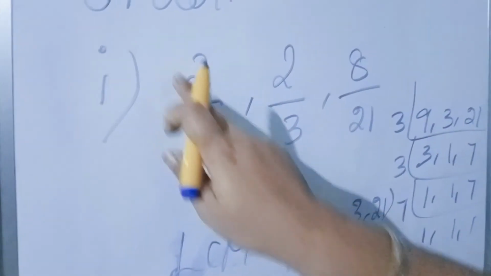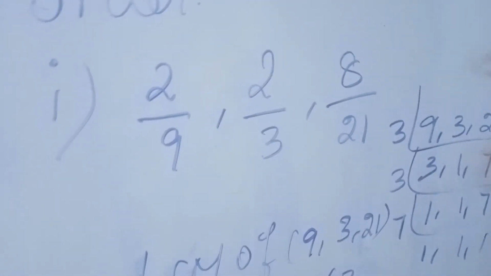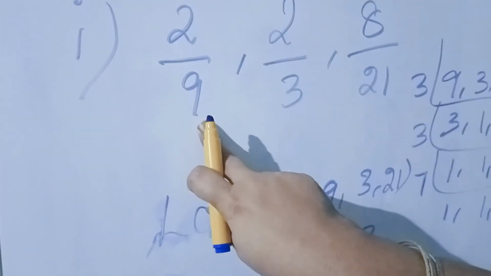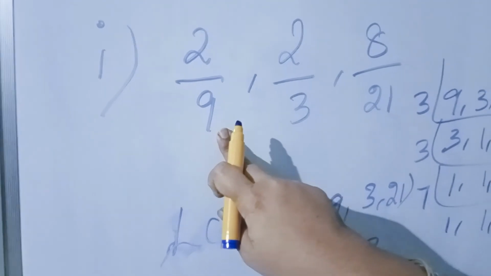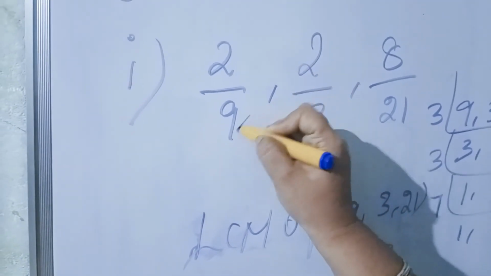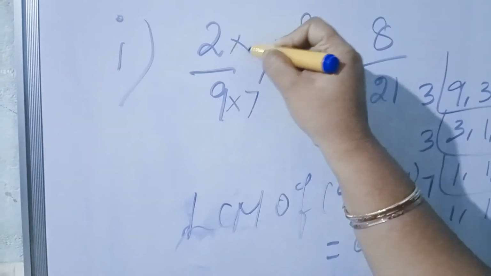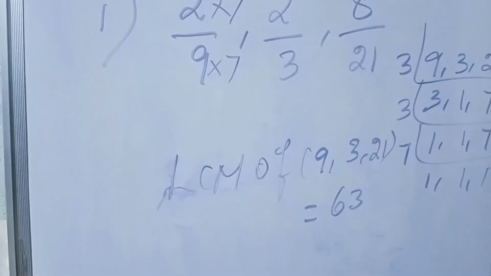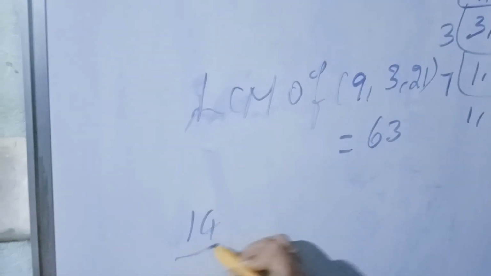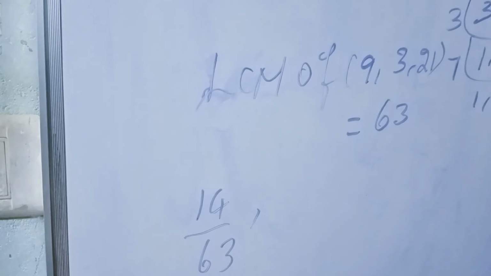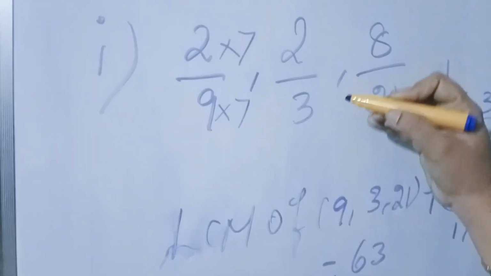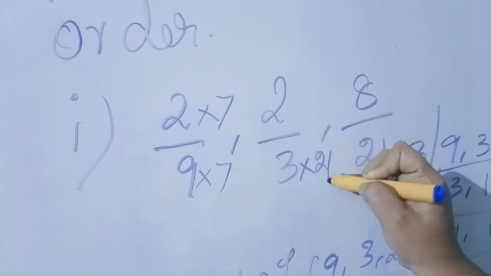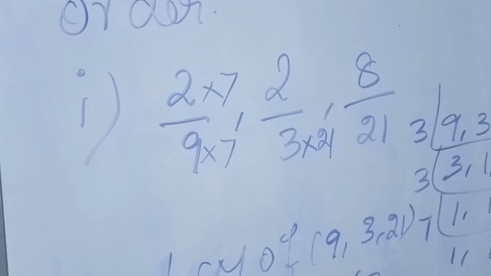Okay. Now we can check the first number. If you want 63 in the denominator, you have to multiply with 7. Okay. Then only you can get 63. The same number you multiply in the numerator also. So 14 by 63. Next one, you have to multiply with 21. Then only you can get 63 in the denominator.